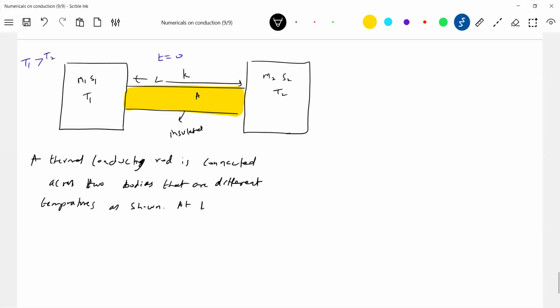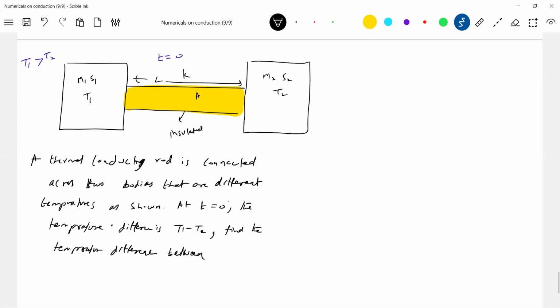At t equals 0, the temperature difference is T1 minus T2. Find the temperature difference between the bodies at any time t.